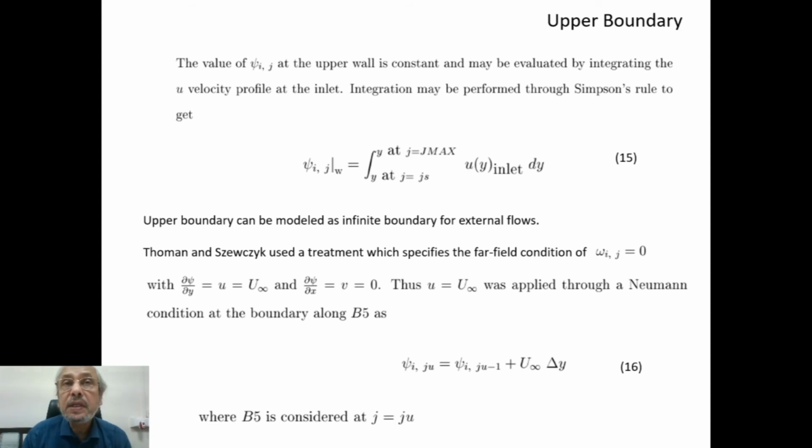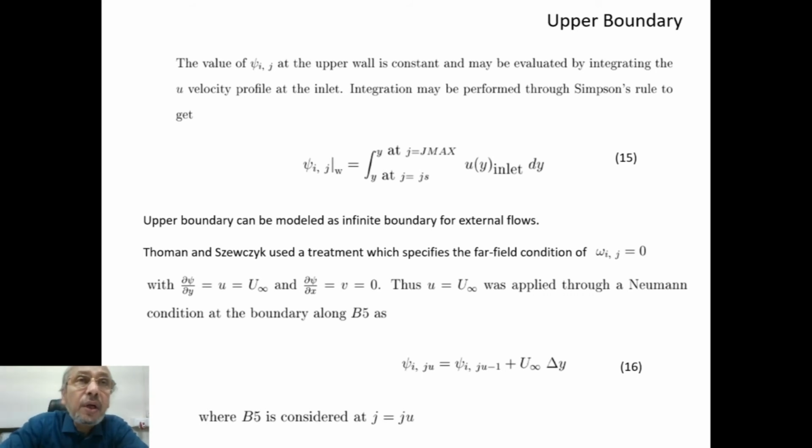Now in such a flow, it may be a circular cylinder, it may be a square cylinder, it may be an aerofoil blade. Basically, the boundary is a well defined solid boundary, but the other side is open, extending to infinity.